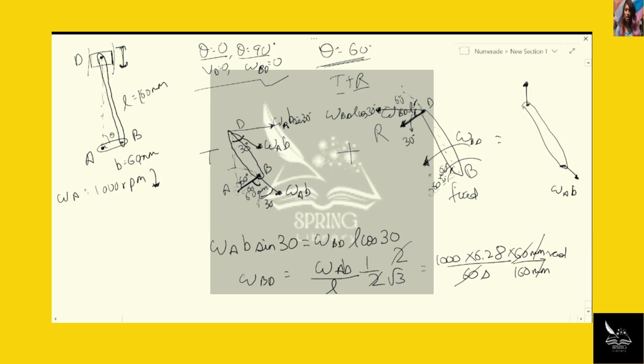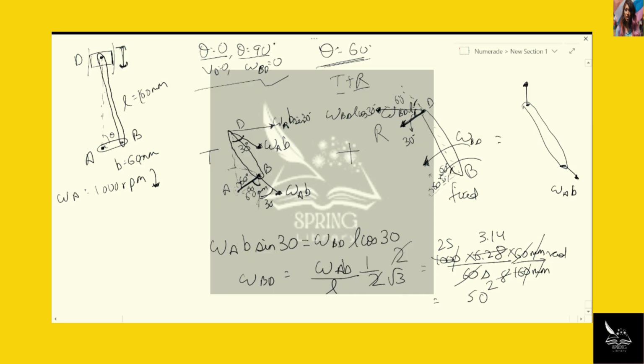So 60 cancels, 0 cancels. This is 8. Actually, yeah, and this is 3.14. Then this is 2, this is 25. So 25 fours are 100, 25 ones are 25 plus 10, 35.